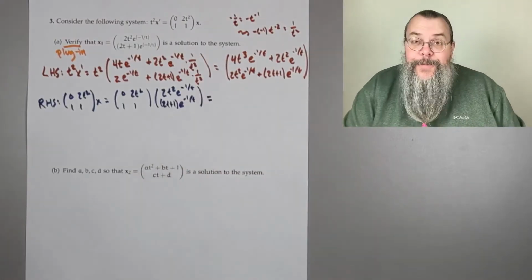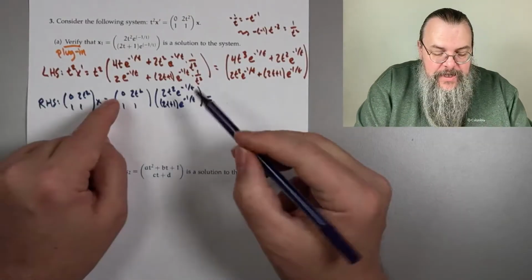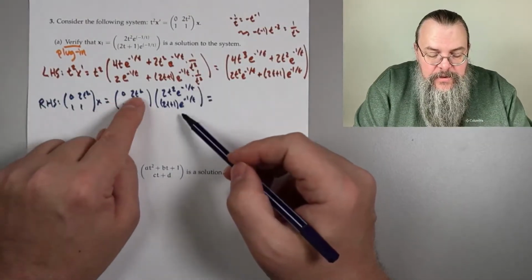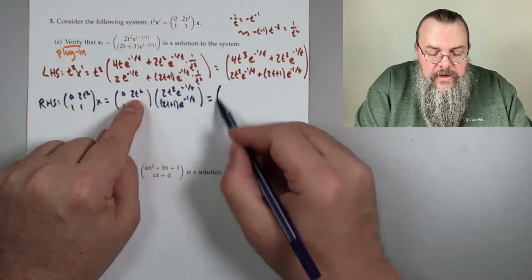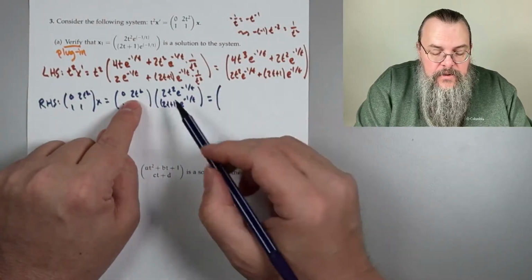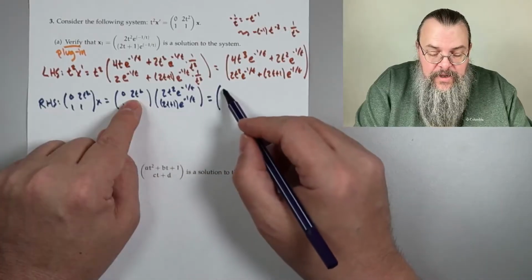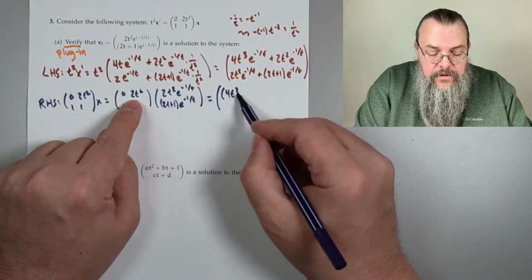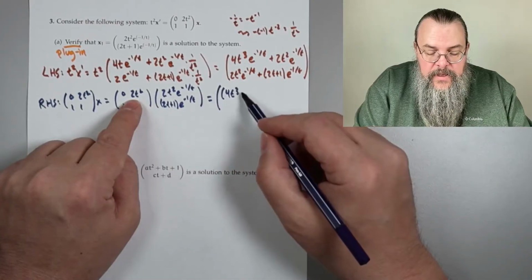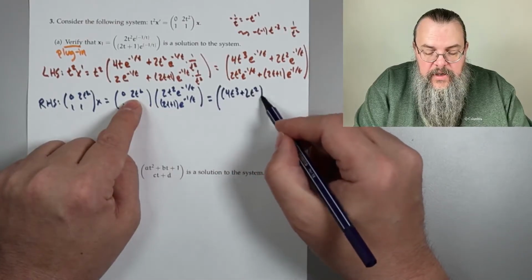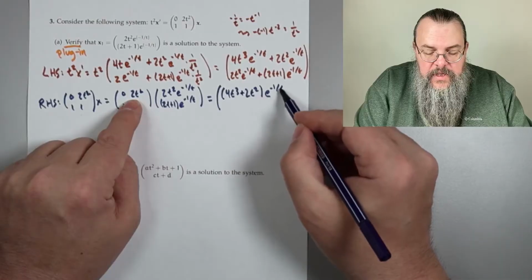Okay, matrix multiplication. So we're going to take 0 times that and 2t squared times that. Notice we can multiply the 2t squareds together, and what do we end up with? 2t squared times 2t makes 4t cubed, and 2t squared times 1 is plus 2t squared e to the minus 1 over t.